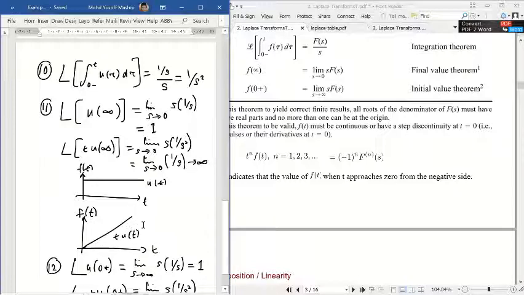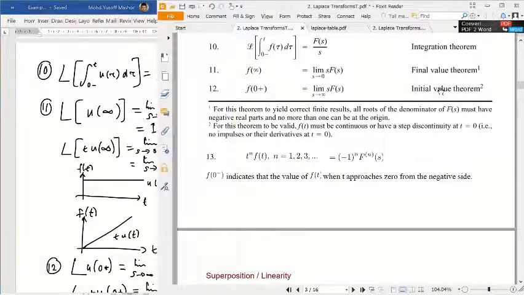Of course, the value grows to become very high, so it's going to approach infinity. So this is a function that we know. Let's say the function is complex, we cannot draw or imagine it, but you don't have to worry, because you have this theorem. You just apply this theorem to the Laplace equivalent of that function, then you'll know the final value of the system or of the function.